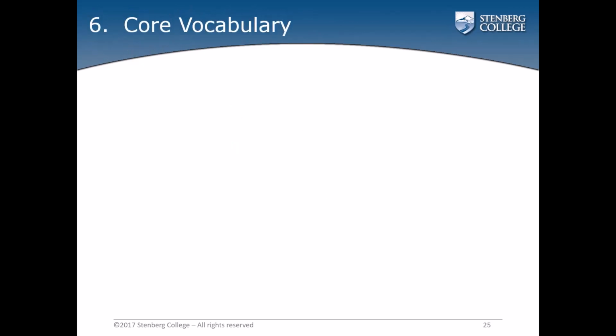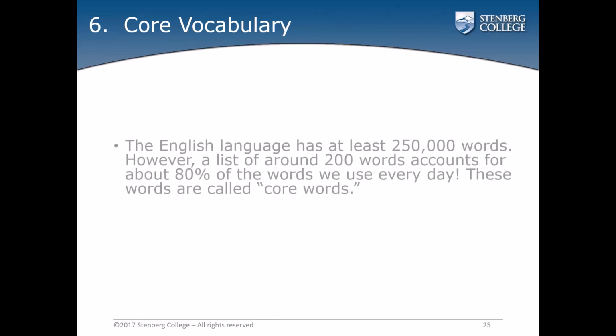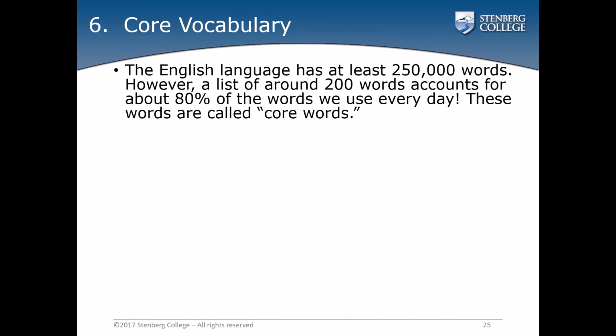So core vocabulary and fringe vocabulary are the last components of a linguistically robust vocabulary. The English language has at least 250,000 words. However, a list of around 200 words accounts for about 80% of the words we use every day.